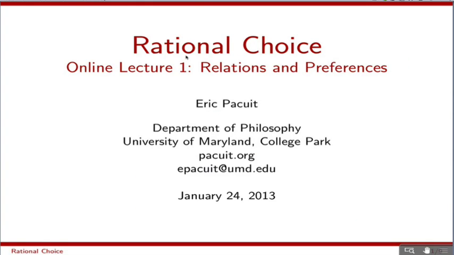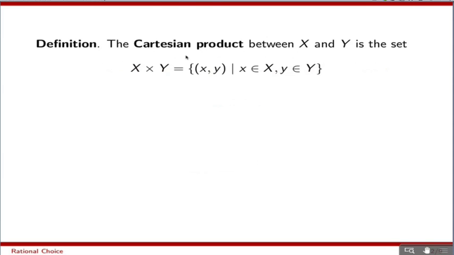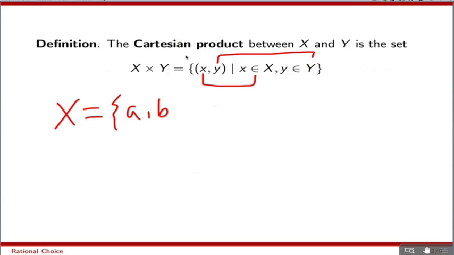All right, so to begin, we need to first define the Cartesian product between two sets. Let's suppose that X and Y are two sets. Then the Cartesian product between X and Y is the set of all ordered pairs where the first component comes from X and the second component comes from Y. So for example, suppose X is the set {A, B}, and Y is the set {1, 2, 3}.